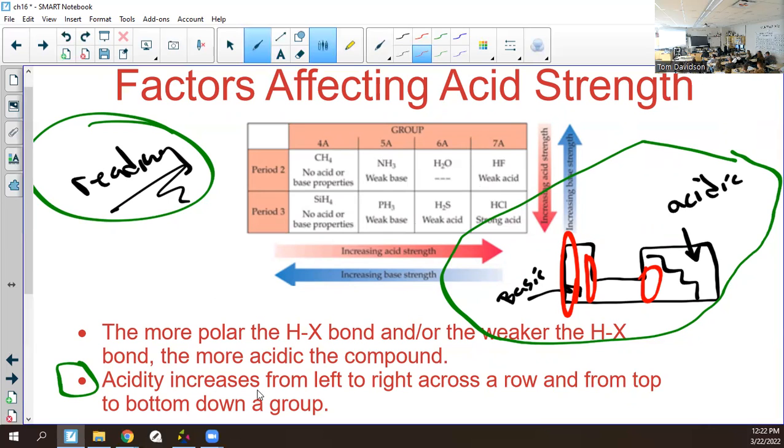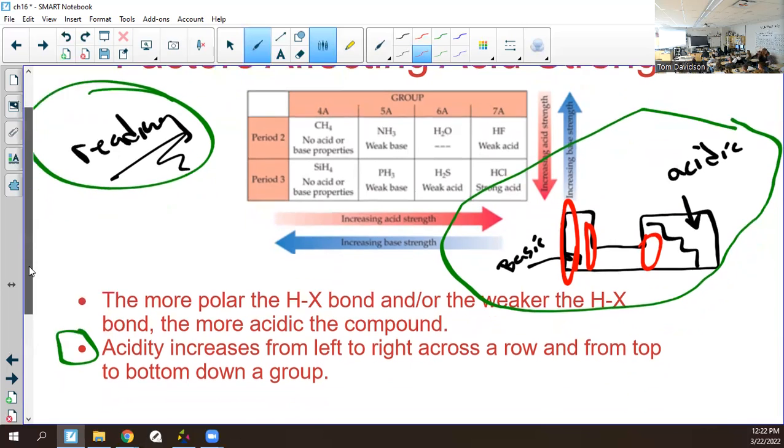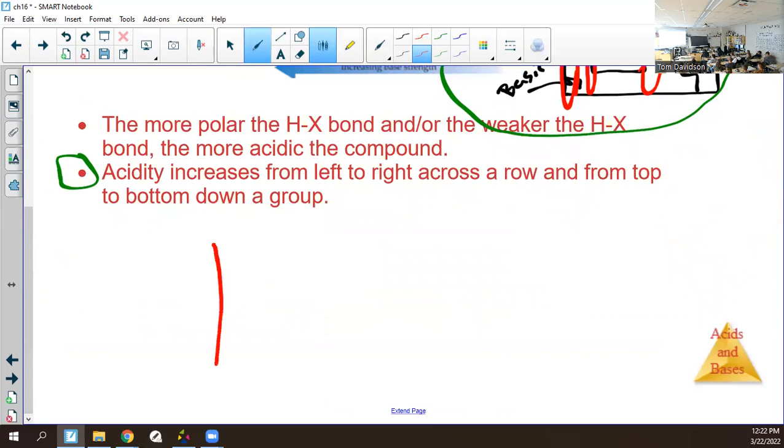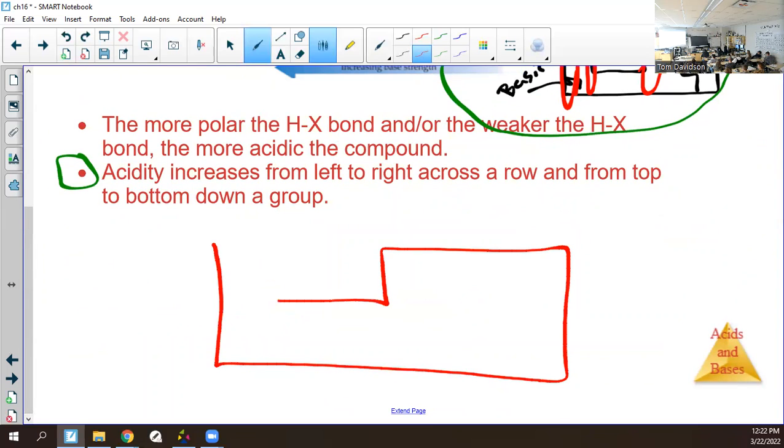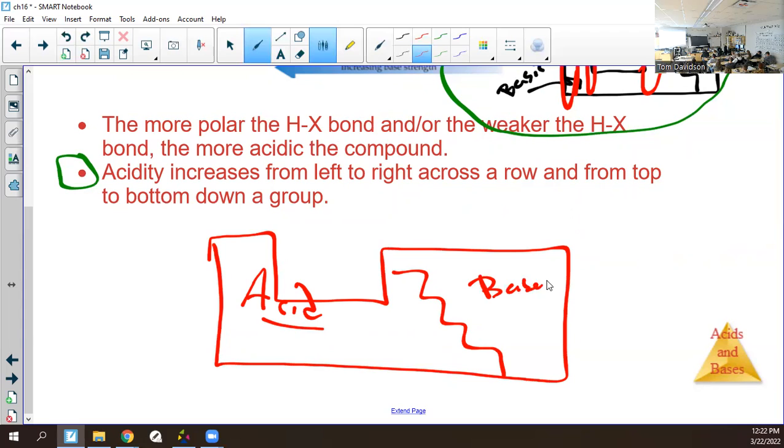All right, acidity increases from left to right across a row and from top to bottom down a group. I would not stress about this, but I would for sure know that over here, these things when added make things acidic and these things make things basic.